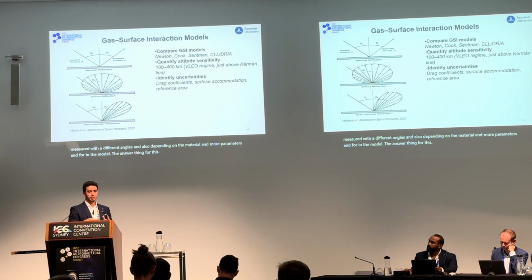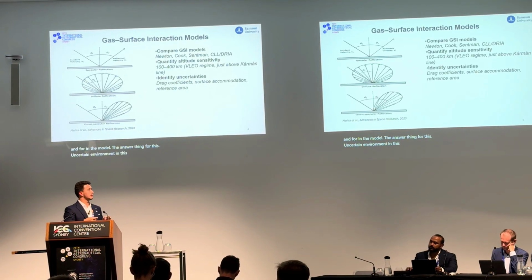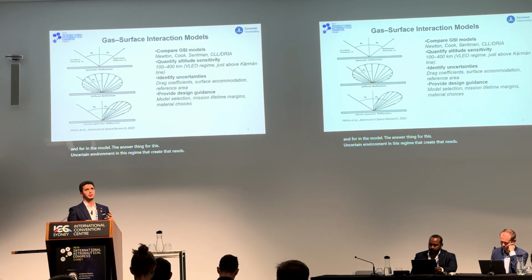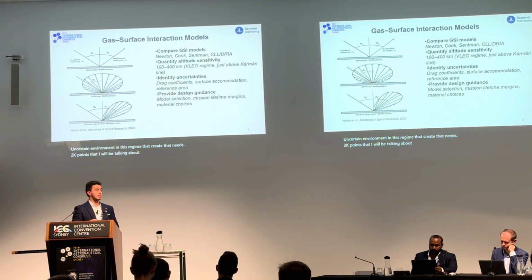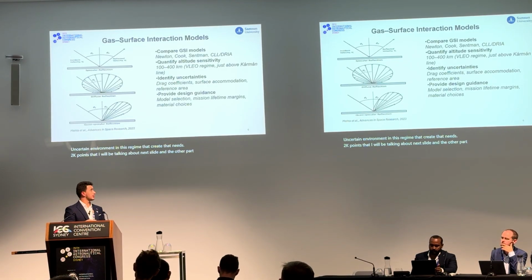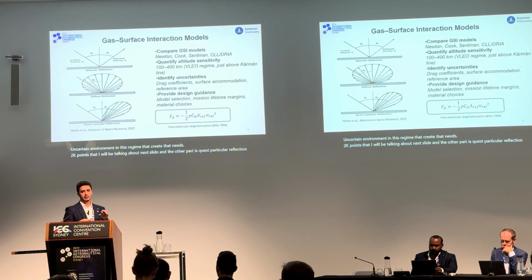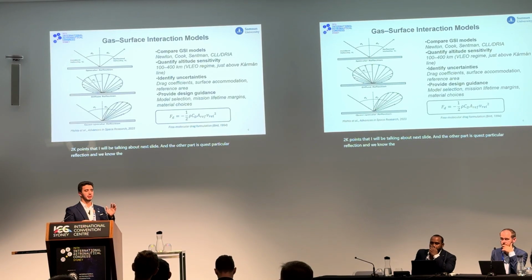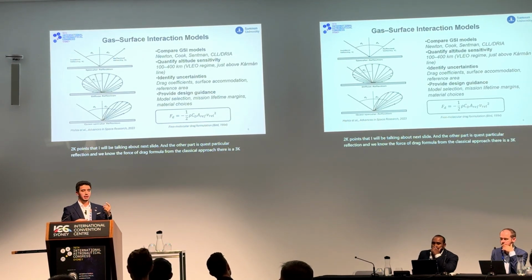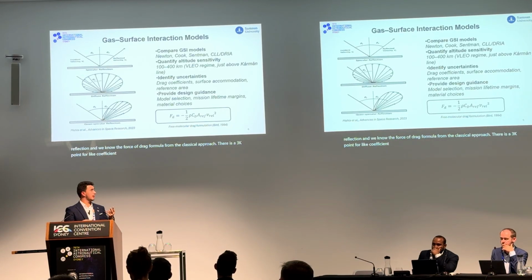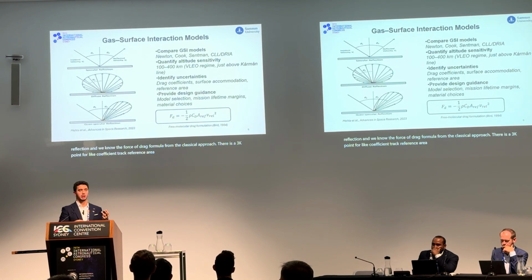This uncertain environment in this regime needs two key points that I will talk about on the next slide. The other part is classical reflection. We know the drag force formula from the classical approach. There are three key points: the drag coefficient, the reference area, and the relative speed of the molecules.